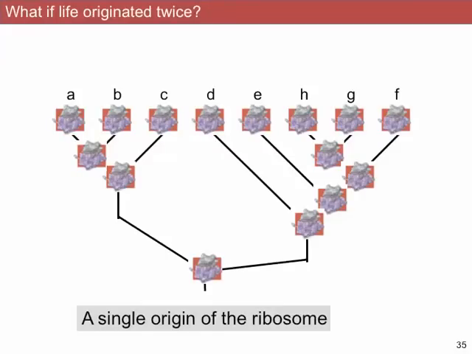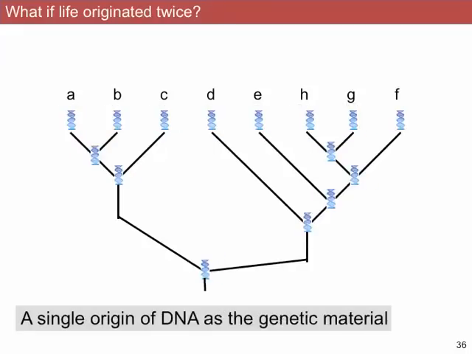That there was a single origin of the ribosome sometime prior to the existence of the most recent common ancestor of everything. There was a single origin of DNA as the genetic material sometime prior to the existence of the common ancestor of everything. So the universal homologies tell us that all life came from a single origin. Does that make sense?